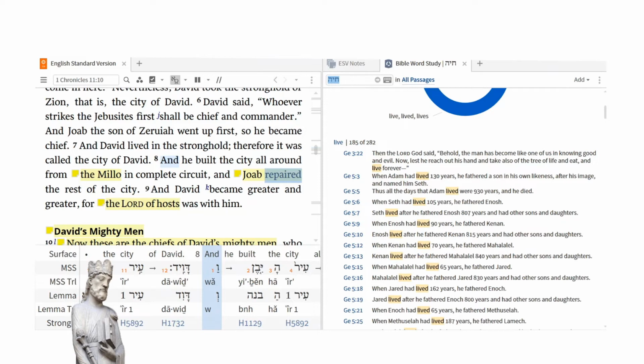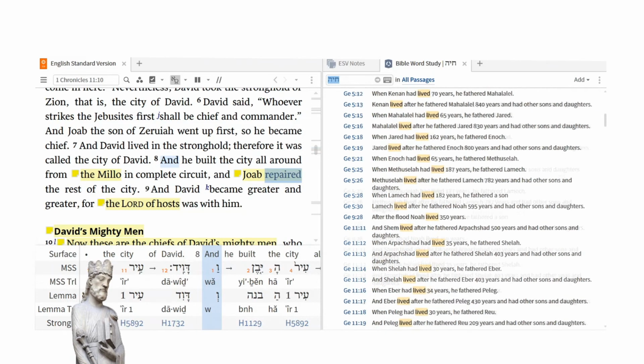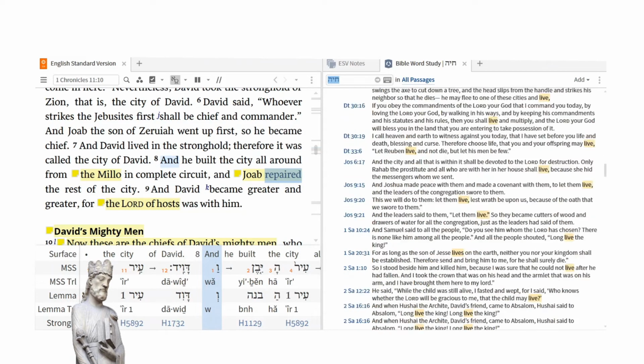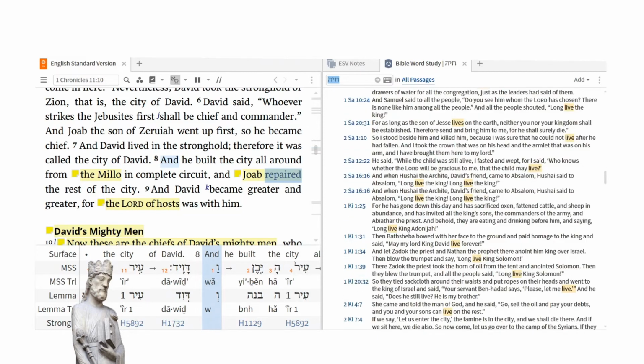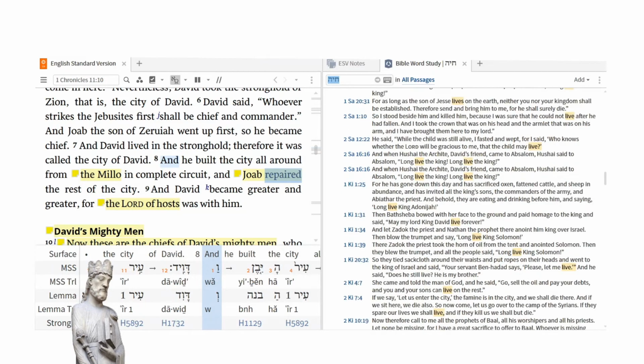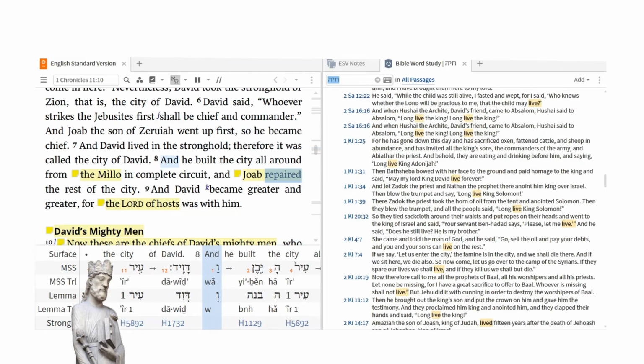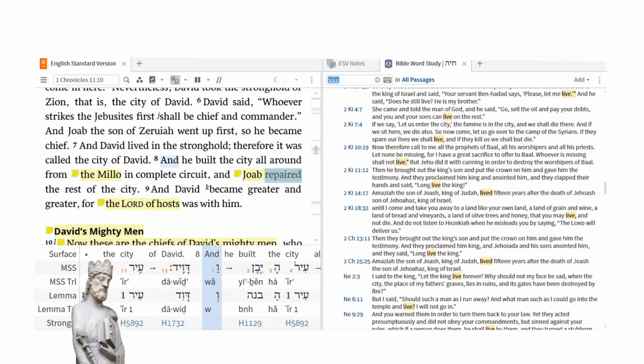But I have done this, and I've looked through these, and I was not able to find any other occurrence of this term referring to something that's not a person or something that's living. So here in Chronicles, this seems to be a unique usage of the term to refer to a building or to the city of David, as a person.